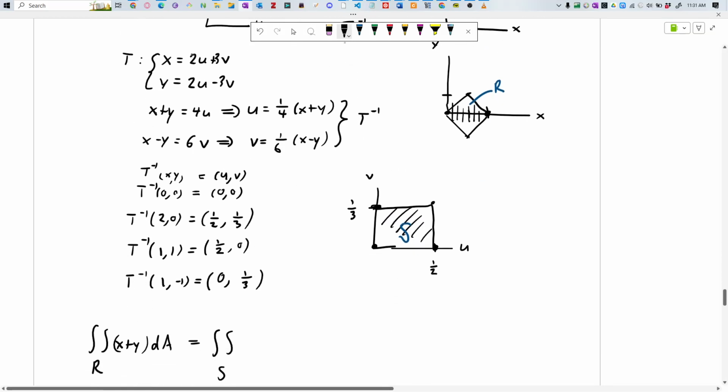Thankfully, that's given to us. X is given and y is given. Well, x plus y actually just simplifies really easily to 4u.